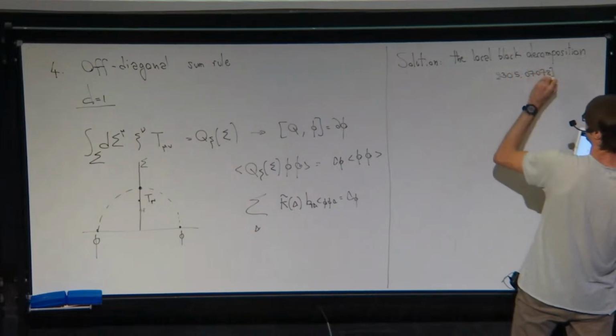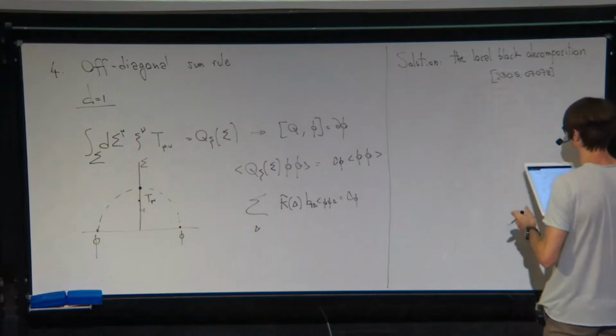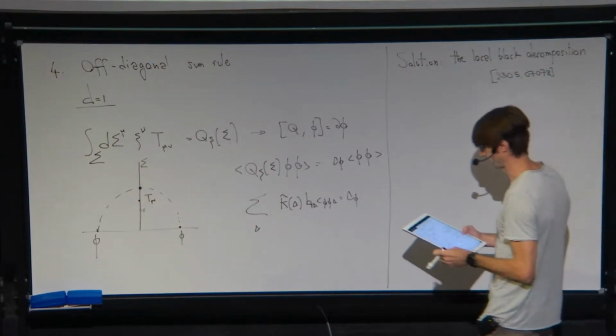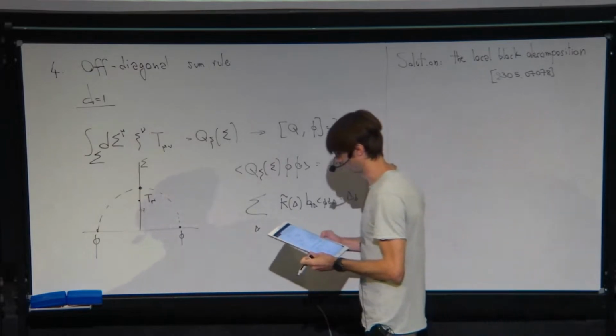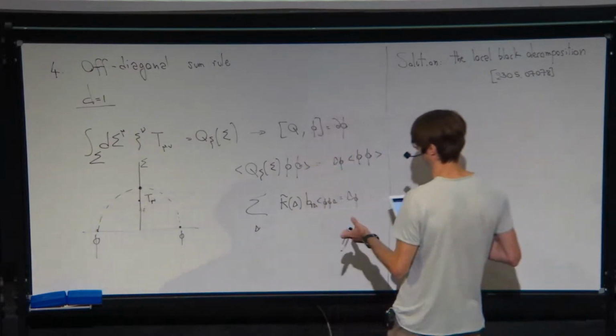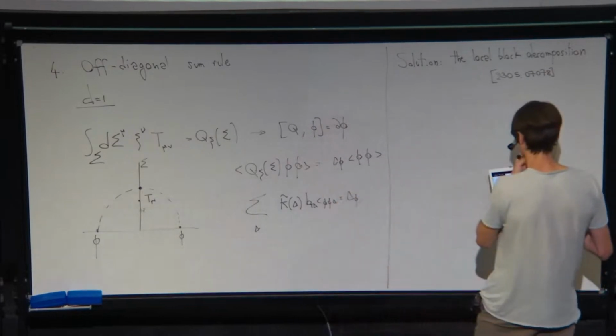So let me explain a little bit how this works, and there will be more details in Nat's talk tomorrow. And then I will say how we use this local block decomposition, and that we actually say something new about it as well.